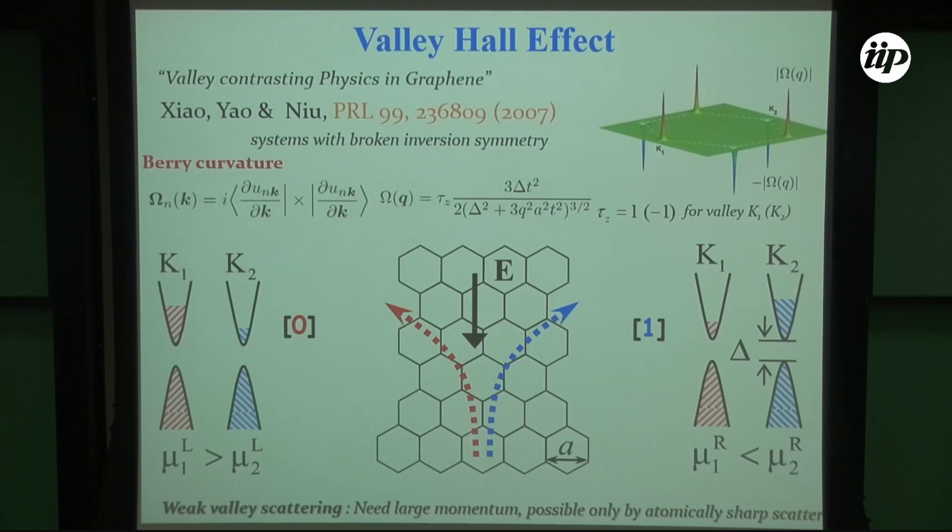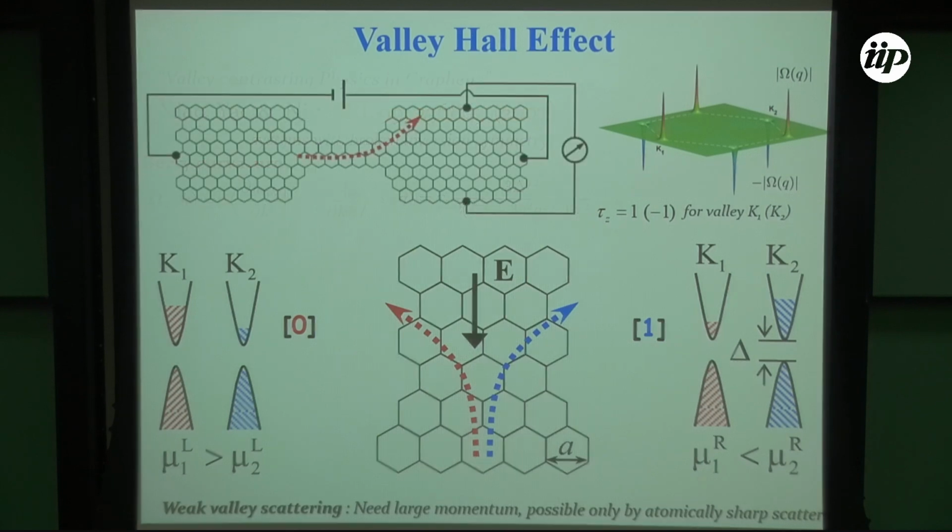But with an electric field, you could generate, similar to the spin-Hall effect, an accumulation of valley contrasting states at the boundaries of a system. And actually, what they proposed in their paper was a valley filter with a kind of zigzag ribbon between 2 graphene leads, and to measure some kind of signal that would be really valley dependent.